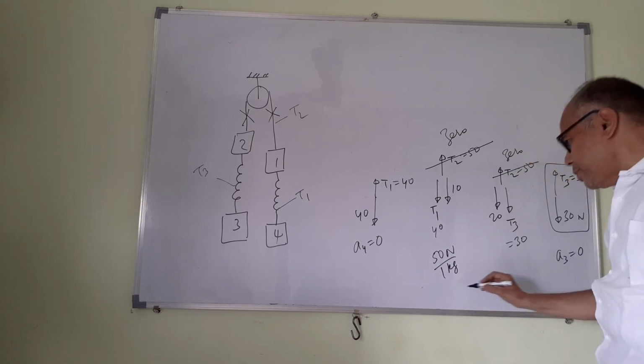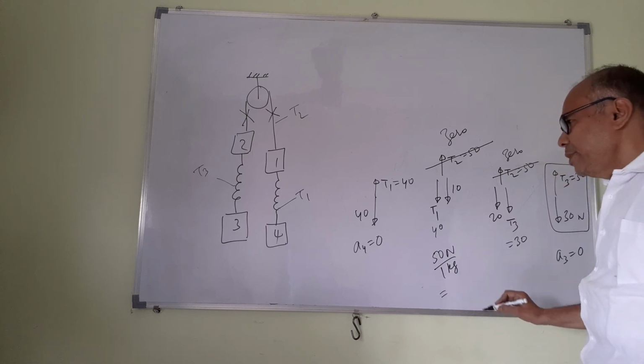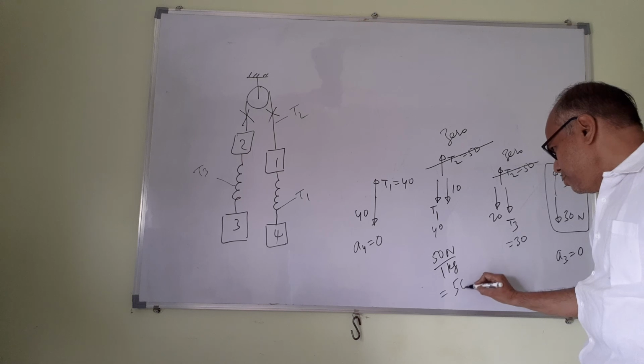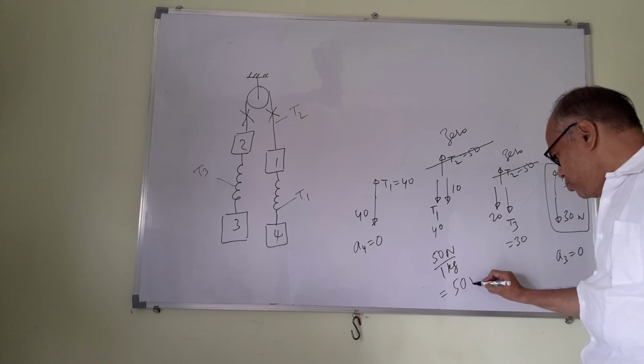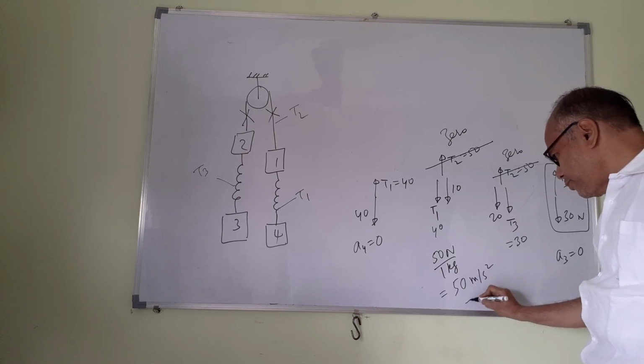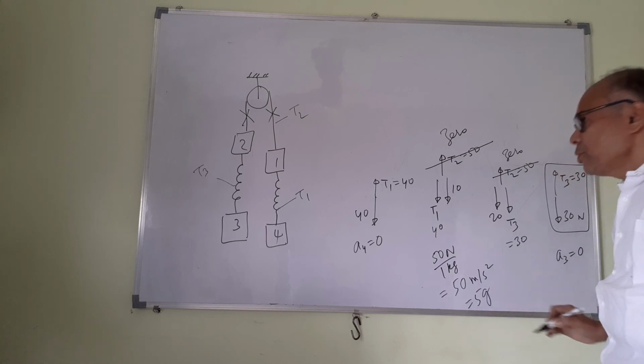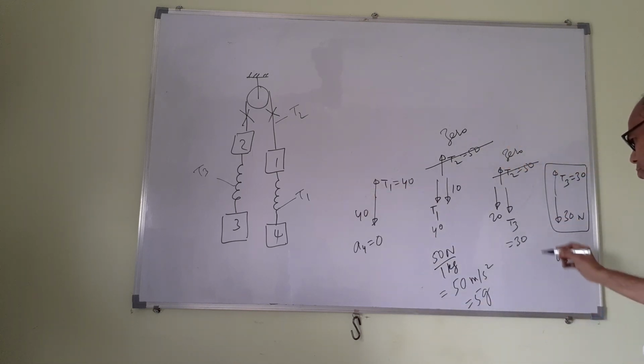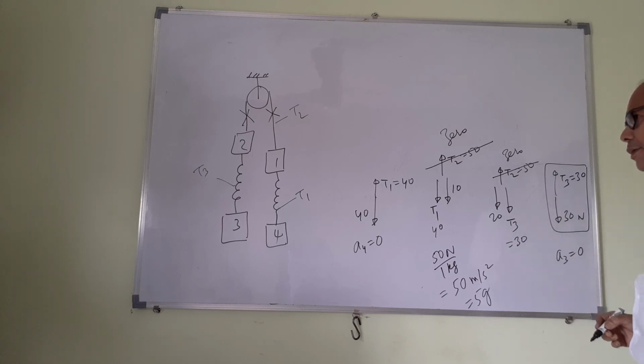So this will be 50 meters per second square, or roughly it's 5g. This will have an acceleration of 5g.